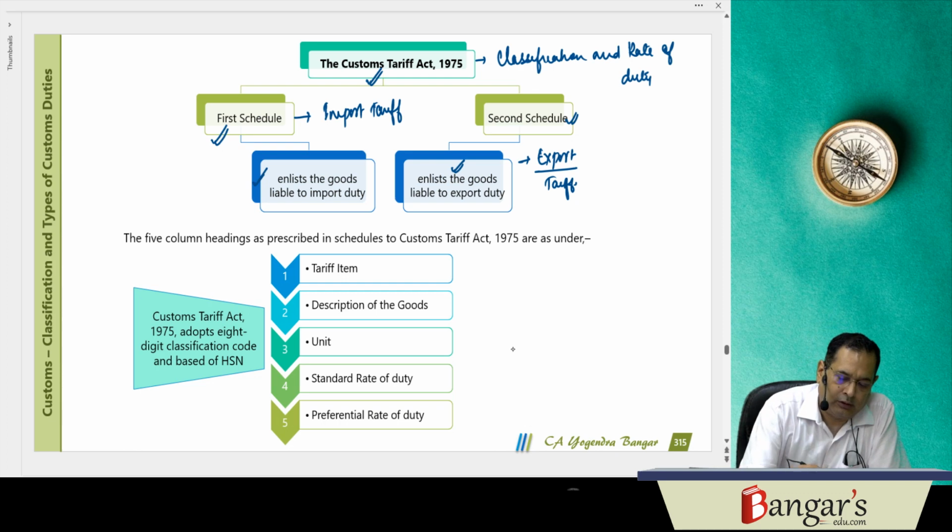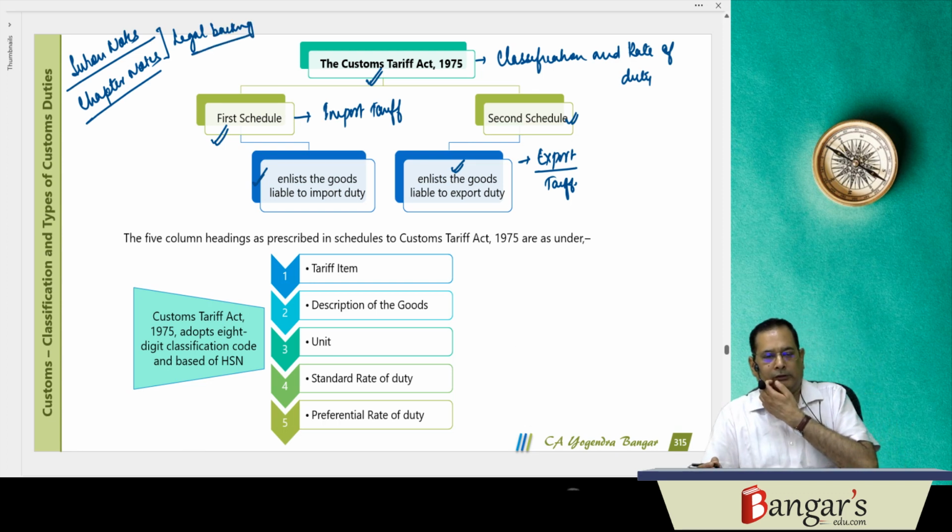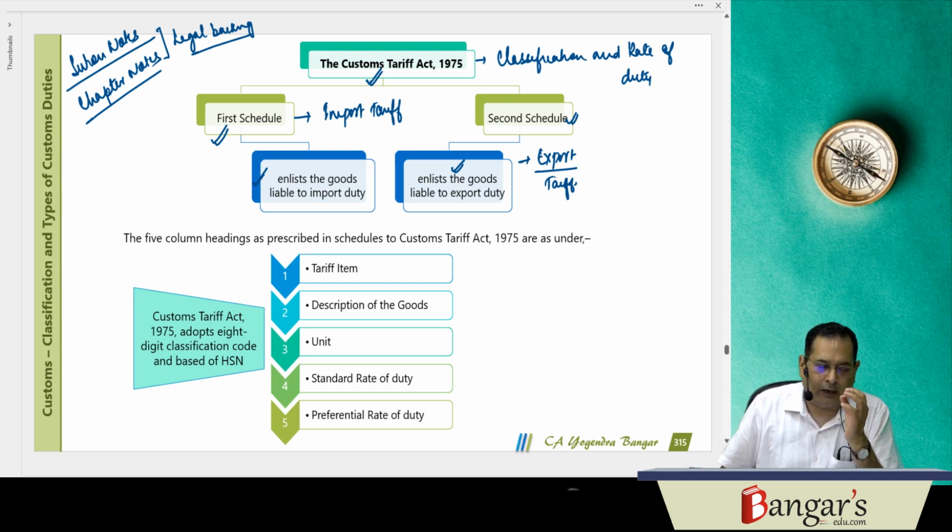In each section we have section notes, and for each chapter we have chapter notes. These section notes and chapter notes have legal backing.